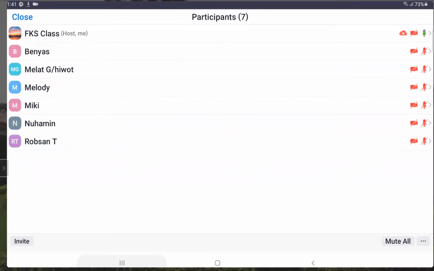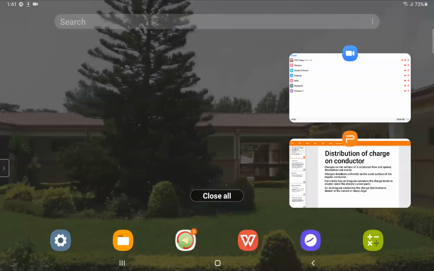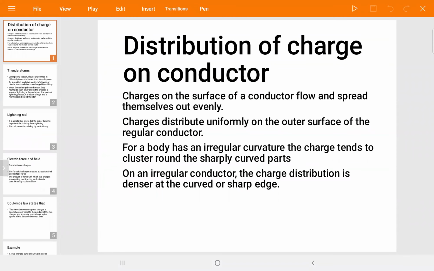If the conductor is a metal sphere, the charge will distribute uniformly on the outer surface of the sphere or of a regular conductor.